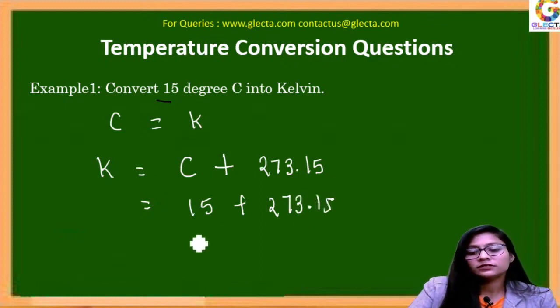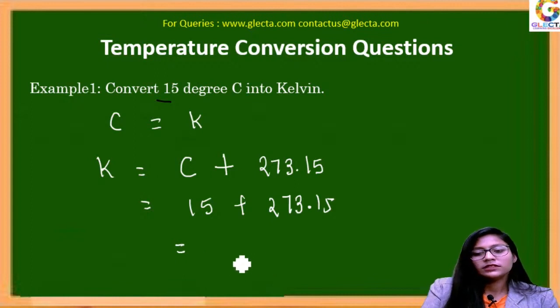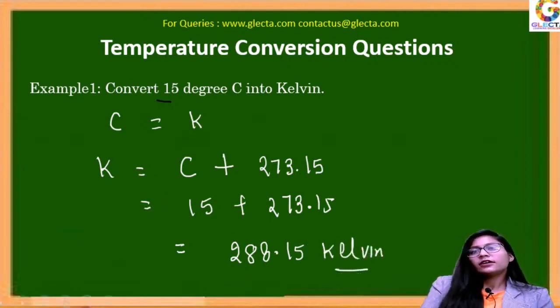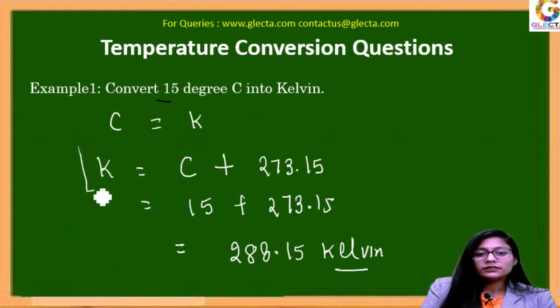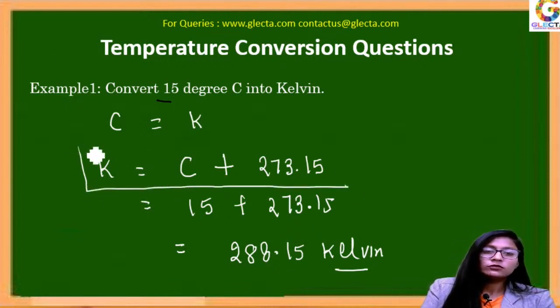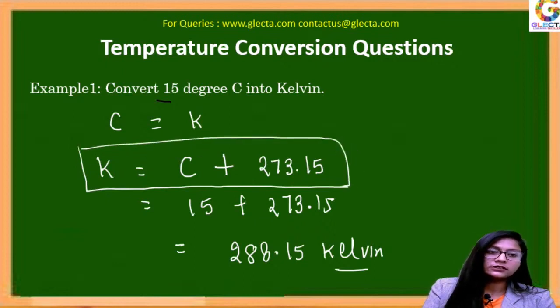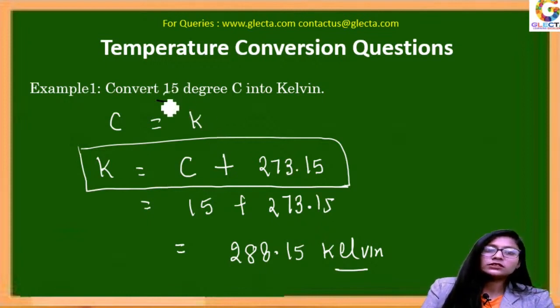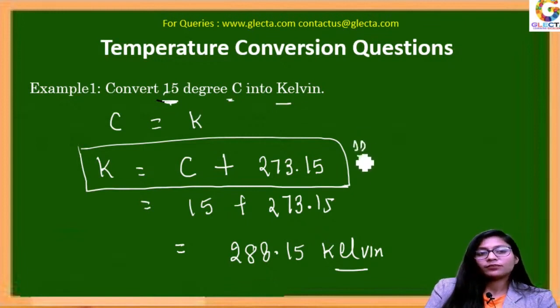The answer would be 288.15 Kelvin. Correct? Do you understand? This is the formula that you have to learn by heart. Once you learn this, you will be able to answer all those questions when you have to convert Celsius into Kelvin. This is the basic formula.